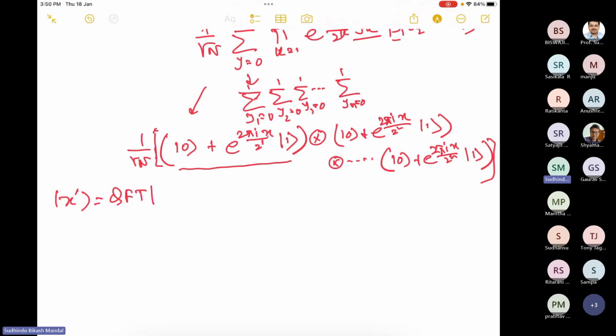QFT of x. What is x? The decimal form of this x is x1, x2, dot, xn. And what is that meaning? Actually, that means x1 tensor with x2 tensor with dot dot tensor xn.